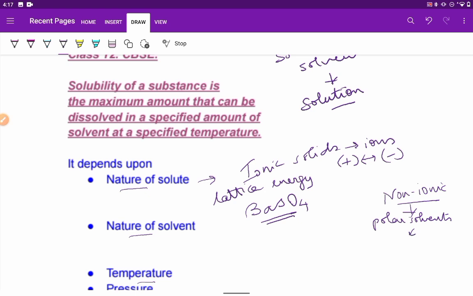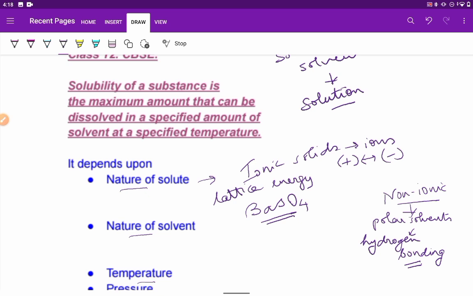Many non-ionic substances dissolve in polar solvents due to hydrogen bonding. Okay, so I hope all of you understood. So what is the cause of non-ionic substances getting dissolved? The non-ionic substances dissolve in polar solvents due to hydrogen bonding.